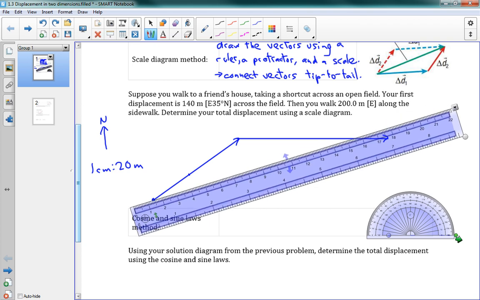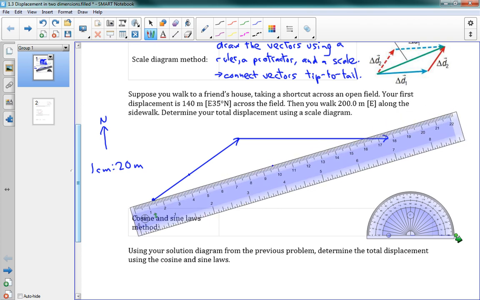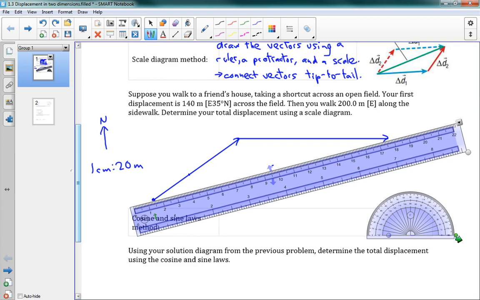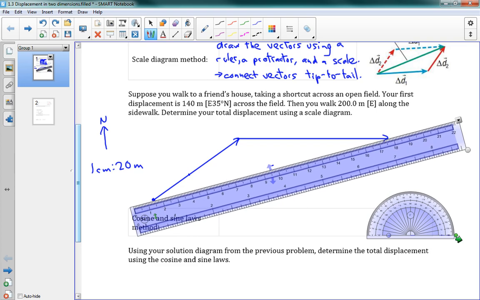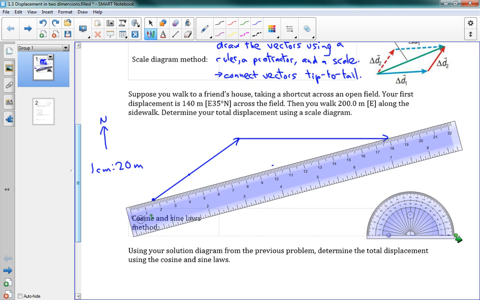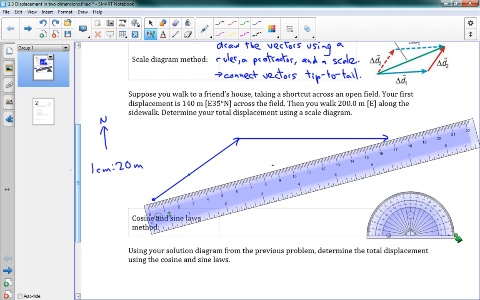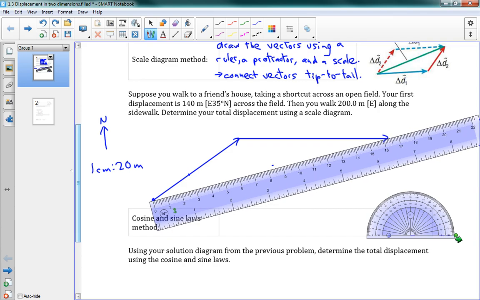And this step is probably going to be easier with the real ruler than it is with my software ruler. Okay, that's looking pretty good to me. So I want to measure how long this is. I'll set up the 0 at the start, the bottom left. And it looks like I've got about 16.3. Seems to be about right.